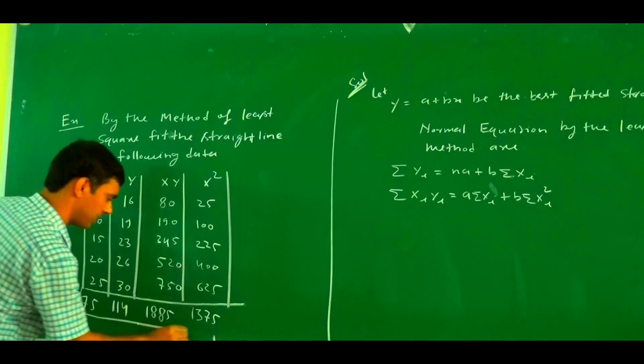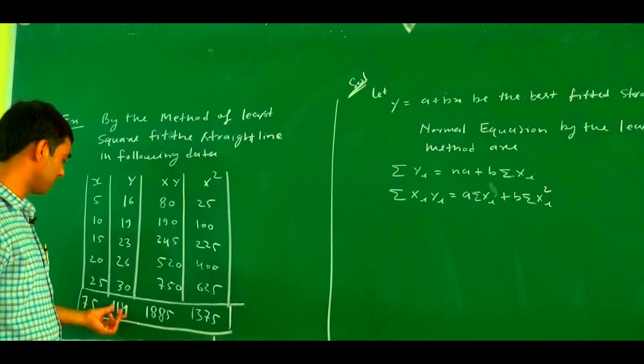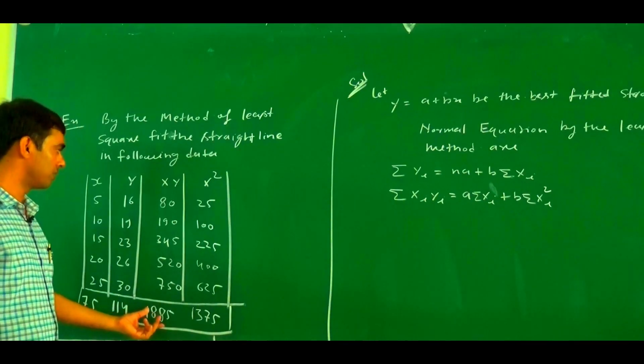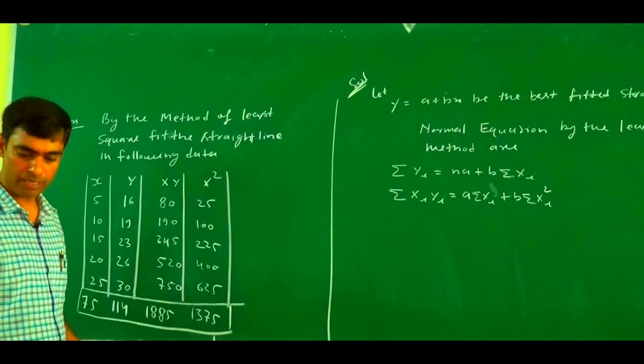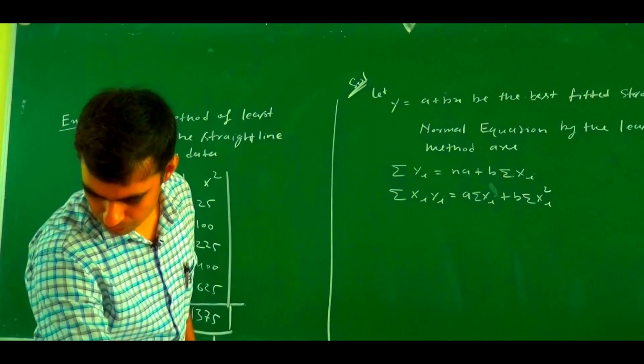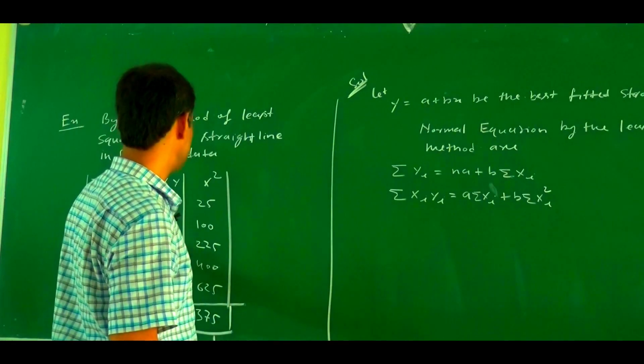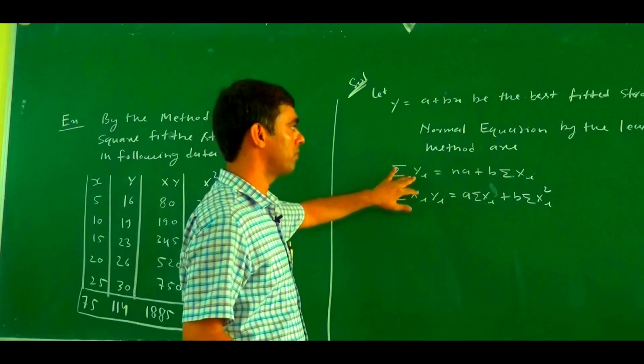So this one is the summation of xi, this one is the summation of yi, summation of xi yi, and summation of xi square. With this table, we put in the values.